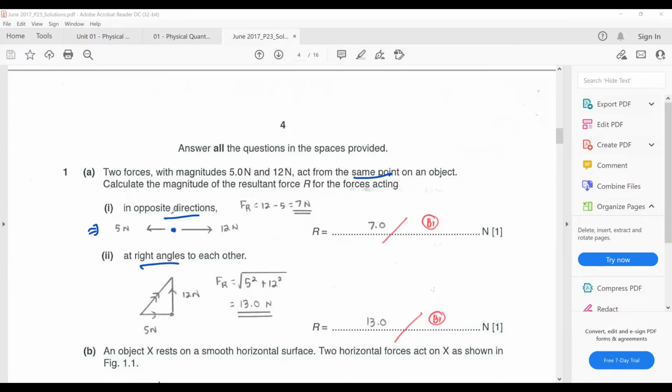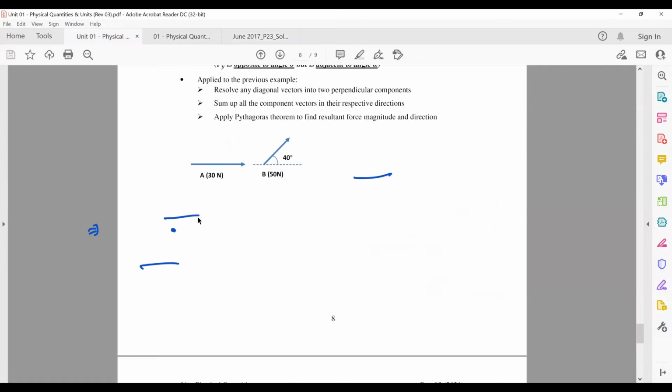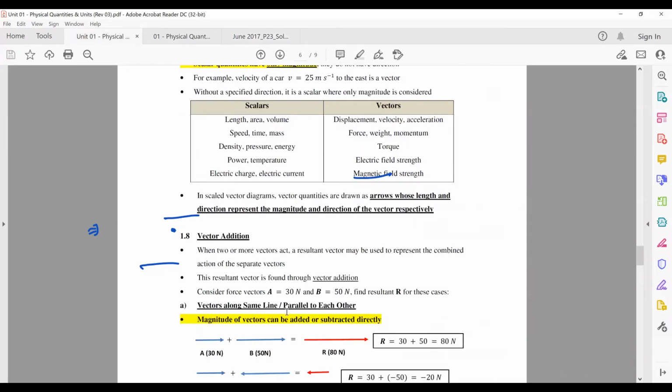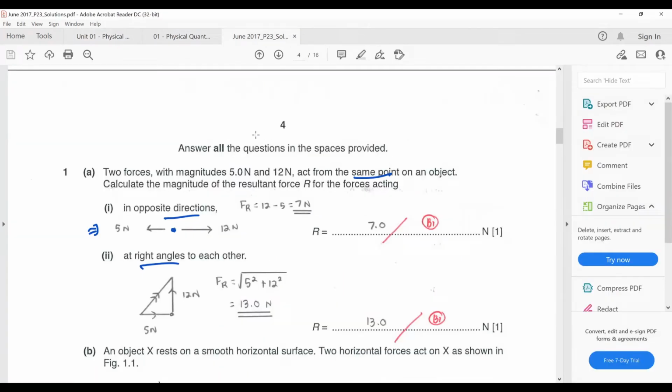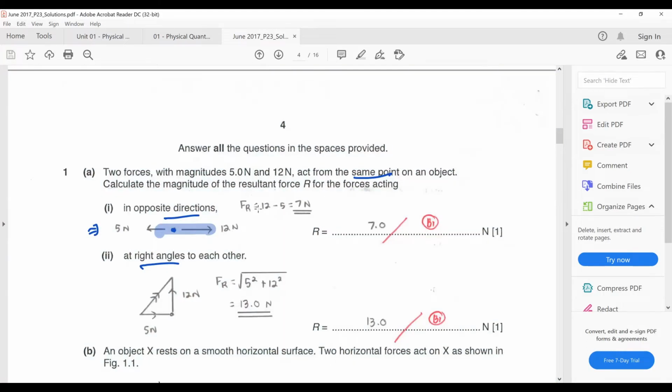This is your point. You have two forces acting in opposite directions. Recall I told you that if the vectors act along the same line or parallel to each other, you can just add or subtract them. Since they act along the same line, you take one and subtract the other: 12 minus 5, giving you 7 Newton.